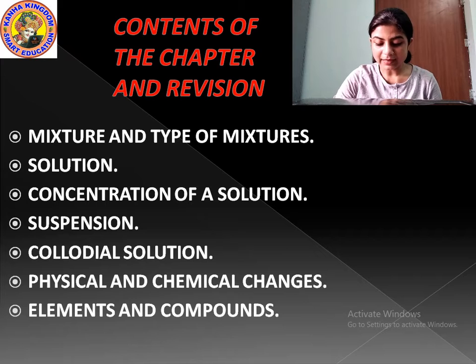Then what do you mean by a saturated solution? A saturated solution is one in which no more solute can dissolve. Solute means the lesser part, the one which you dissolve in the solvent.